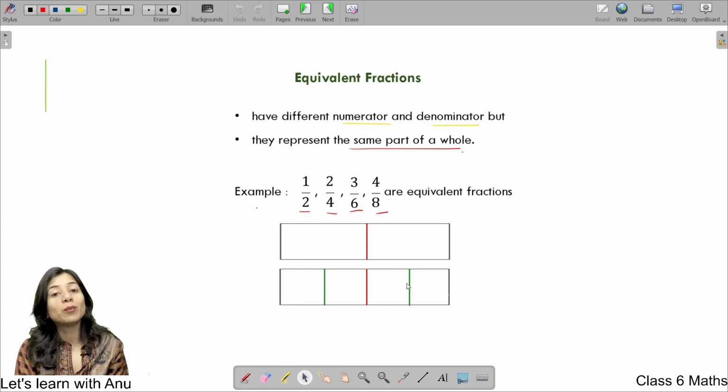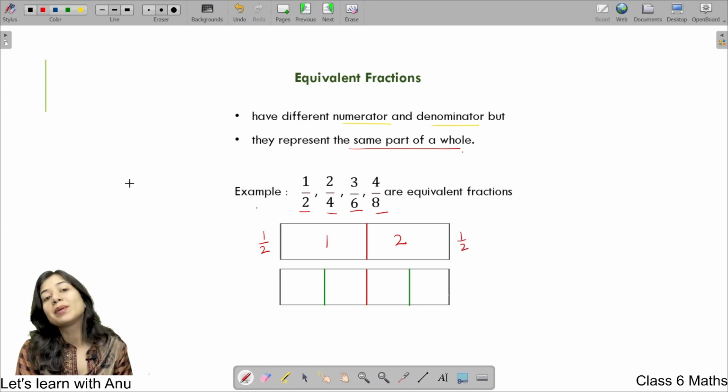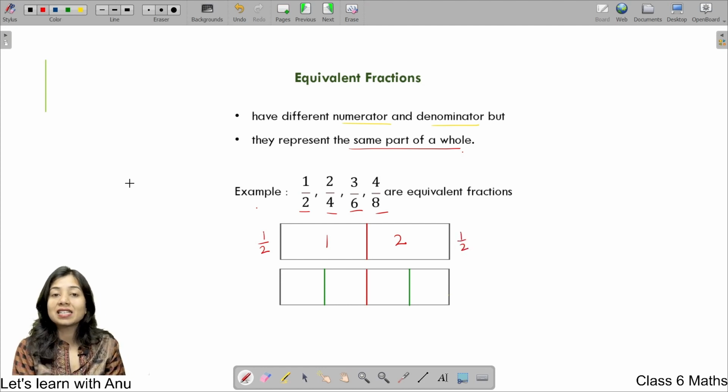Let's take one more interesting example to explain equivalent fractions. I was having a chocolate bar which I had to share with my younger brother. So I divided the chocolate into 2 equal parts so that each one of us will get half of the chocolate, one part out of the 2 equal parts. But my brother started asking for more chocolate.